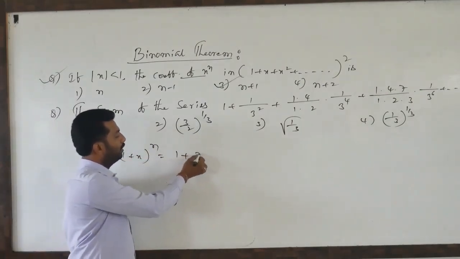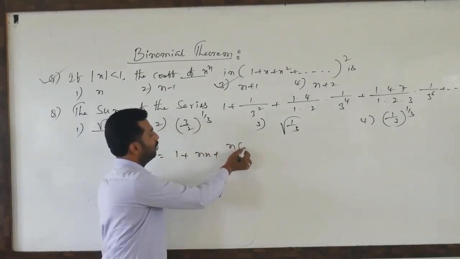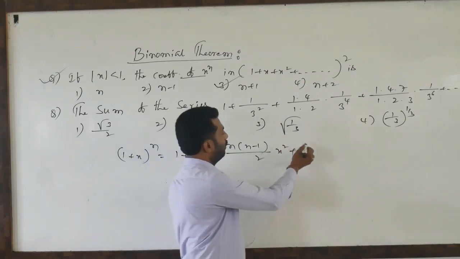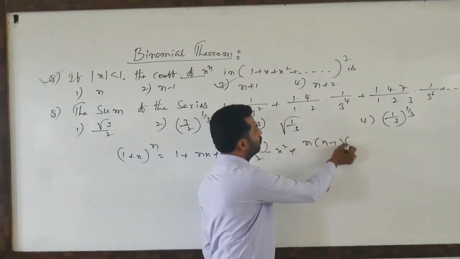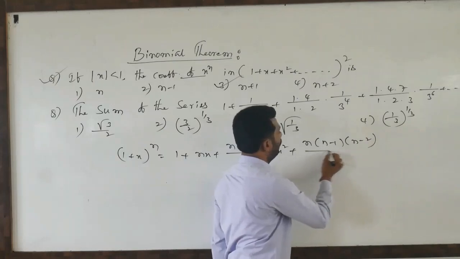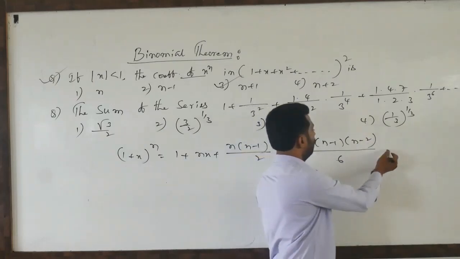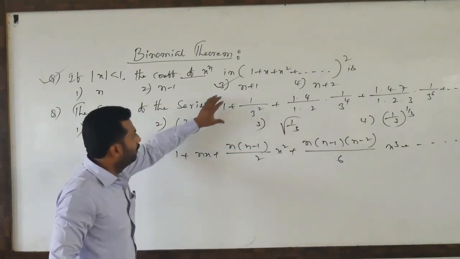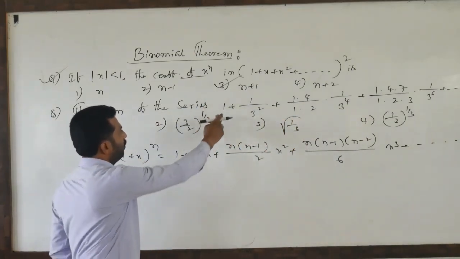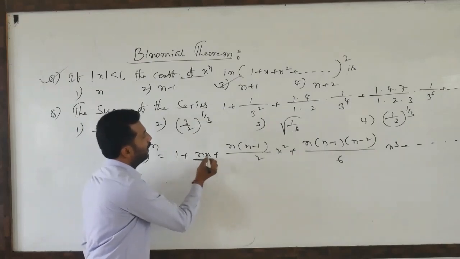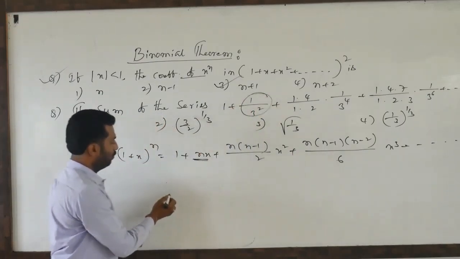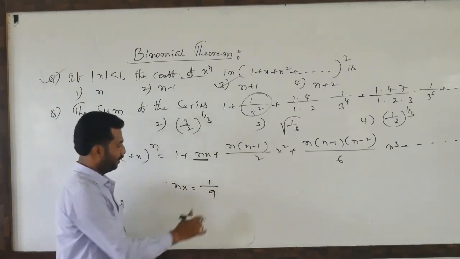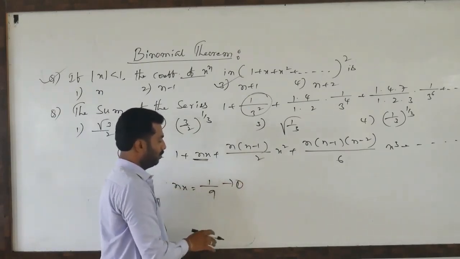That is 1 plus nx plus n into (n minus 1) by 2 into x square, plus n into (n minus 1) into (n minus 2) divided by 6 x cube, plus and so on. Just compare this one and this one. Here 1 means 1. Here nx. What is the nx value? The nx value is 1 divided by 9. So let it be equation 1.